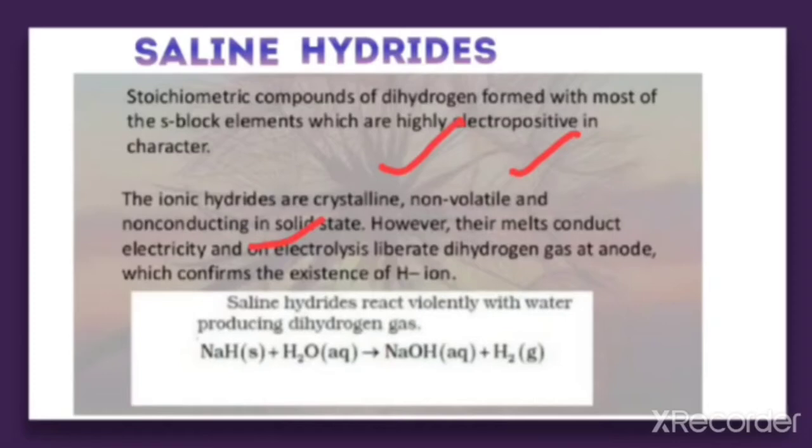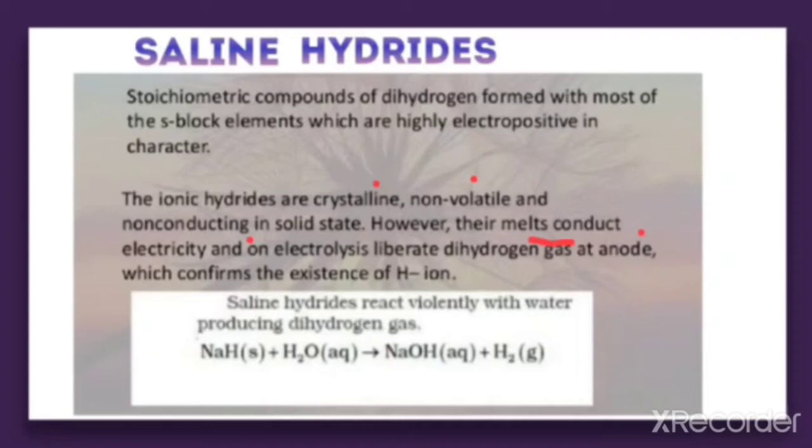Better you write it point-wise. First property: ionic hydrides are crystalline. Next point, they are non-volatile, and next, they are non-conducting in the solid state. But when melted, they conduct electricity, and on electrolysis they liberate dihydrogen gas at the anode.